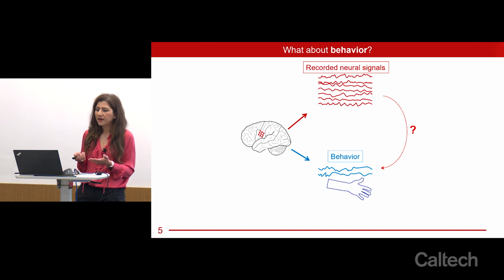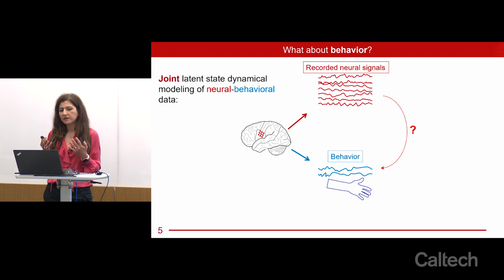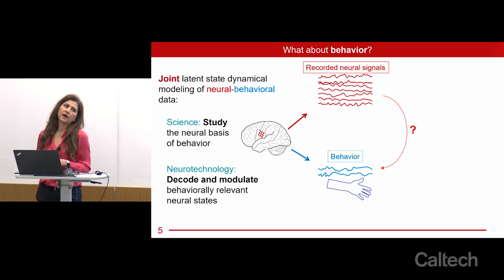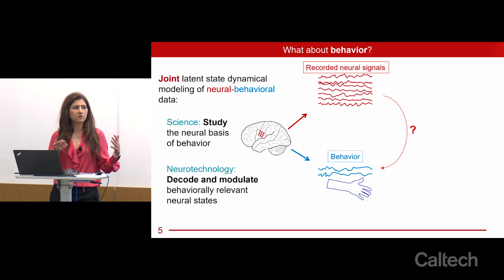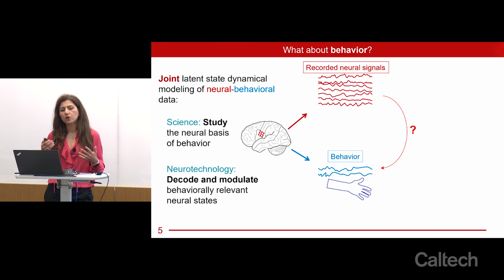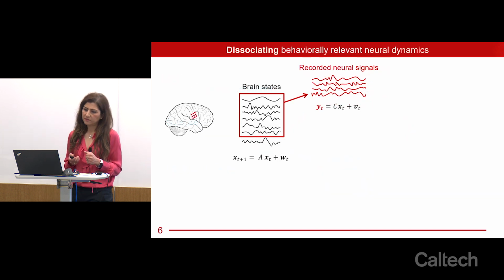In these cases, if we can develop joint latent state dynamical systems of neural activity and behavior, that may allow us to identify this link and understand it better, and also allow us to decode behavior and modulate it better. That's the motivation, and that's why in recent years we've been working towards this joint neural behavioral dynamical modeling. So let's see why this is important.